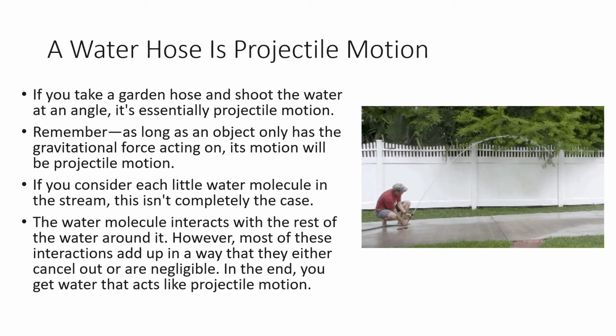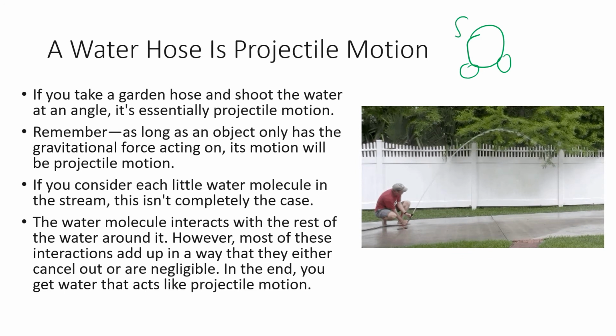I'm sure you've done something similar to this. A water hose is an example of projectile motion. As long as the only force acting upon an object is the gravitational force, the motion will be considered projectile. However, if you remember from chemistry, each water molecule has the oxygen, and then the two hydrogens on the end.